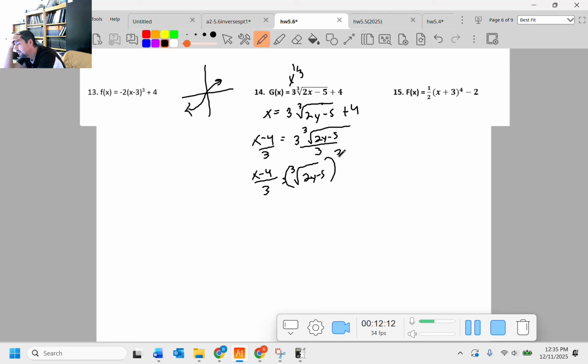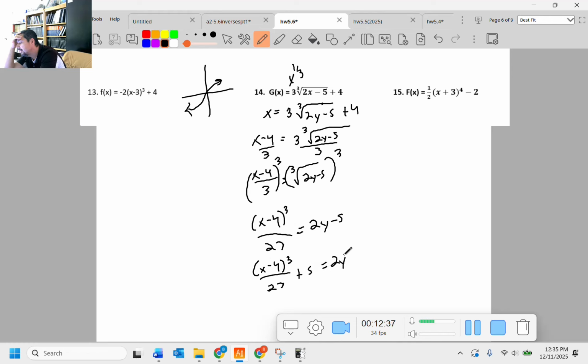Next move, counteract cubic rooting by cubing. And the only thing I would cube on this one, but what do I know? It's not like I'm a math teacher or anything, is the bottom piece. Because nobody wants to write out x minus 4 3 times and do that work. Anywho, that's equal to 2y minus 5. Next easy move, add 5. X minus 4 cubed over 27 plus 5 is twice y.